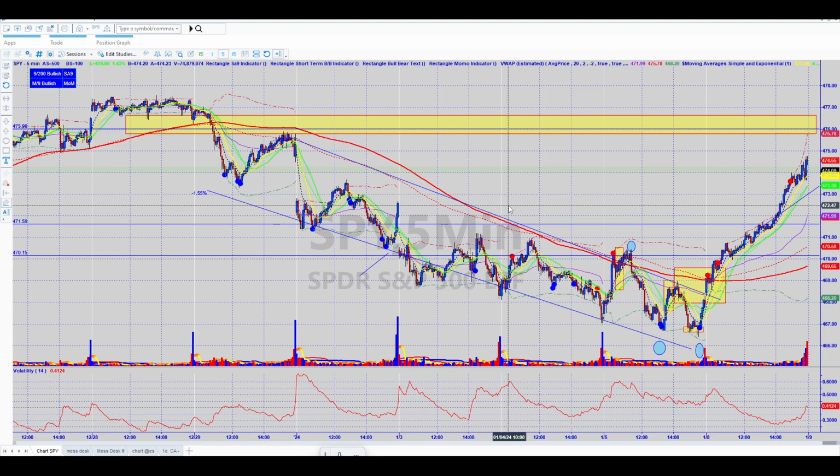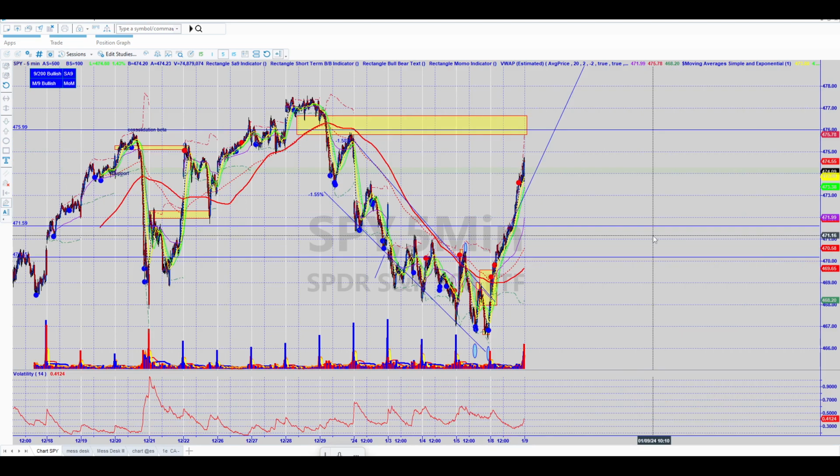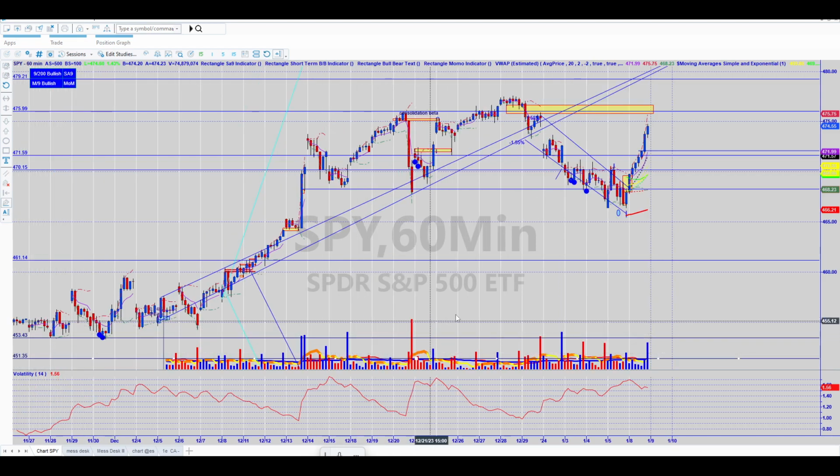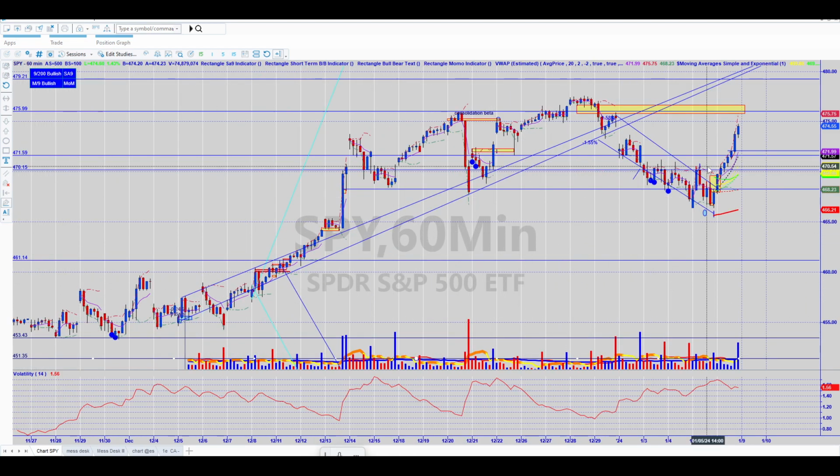I don't know what the significance of that is, but one thing I did notice is that on the 60-minute chart, I was talking with one of my friends, and you see this gap in here? This big gap, taking it all the way across.